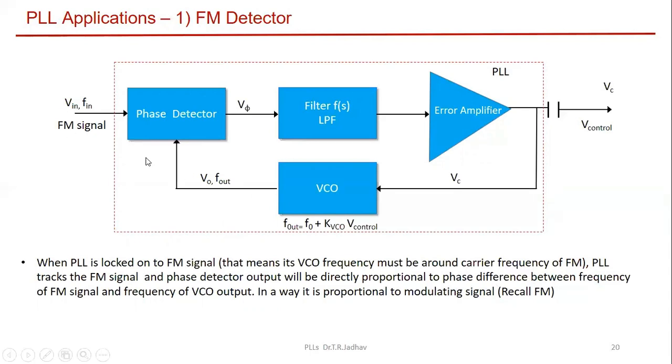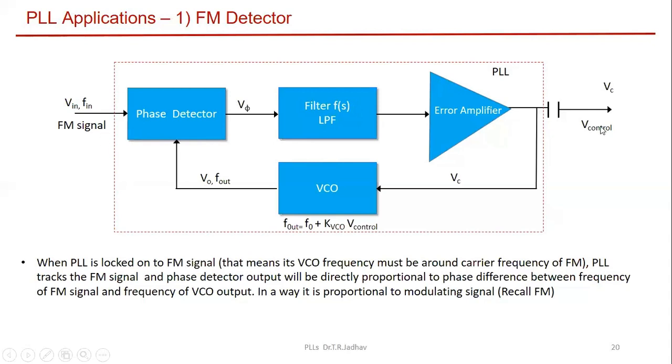So when we extract the phase difference or when we lock the PLL on FM signal, we track the changes in the carrier frequency. So output which is detected here as a phase detector output, and then to low pass filter, whatever the control voltage that we obtain here, that is proportional to the changes in the carrier frequency.